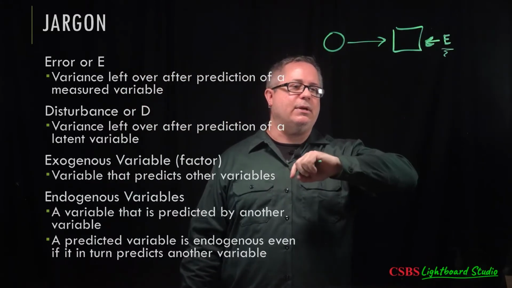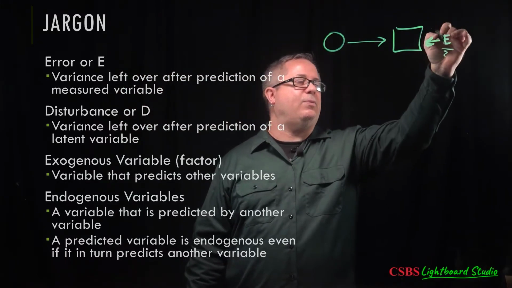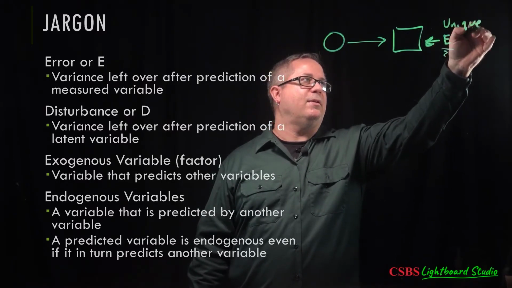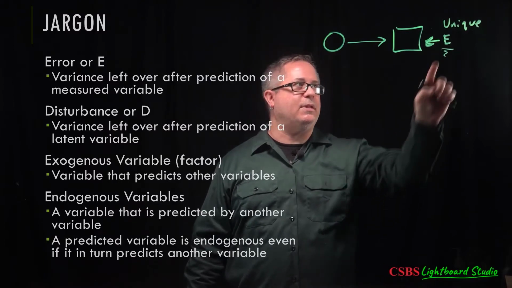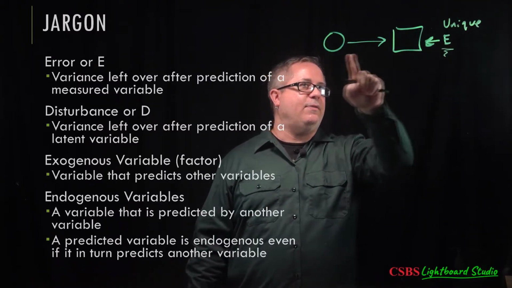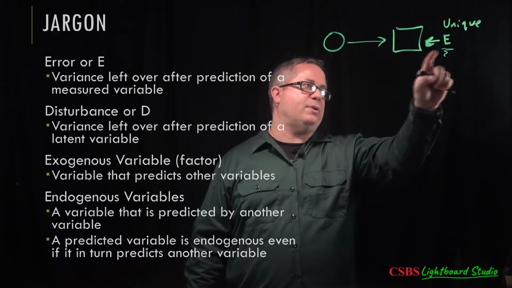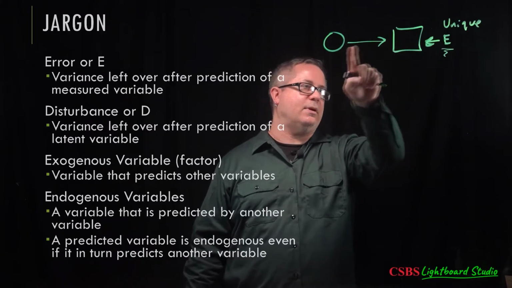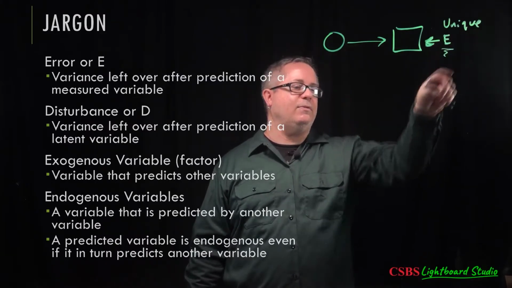This is now a loading, which makes this not a regular error, but the unique variance in a factor analysis. But this E represents both. It's the variance left over. If it's prediction, like in a regression equation, then it is error. If it's from a factor like this, then this E represents unique variance.